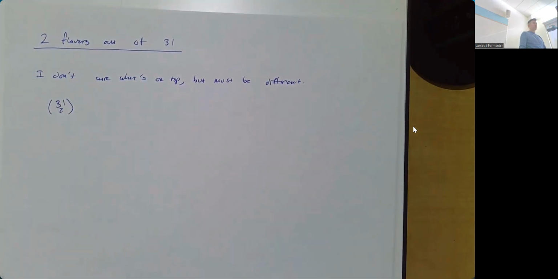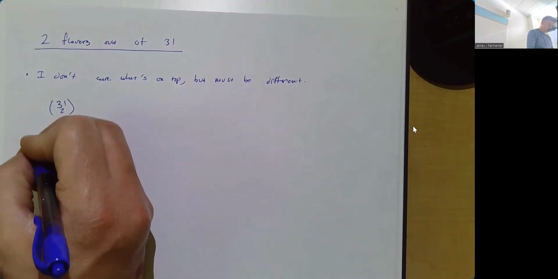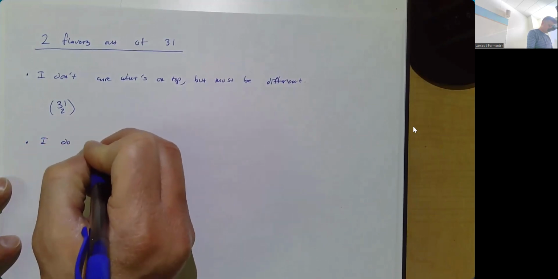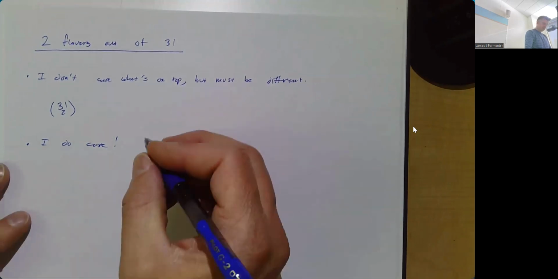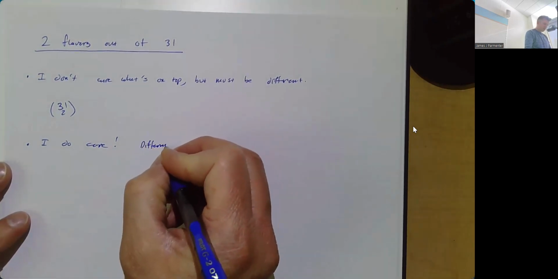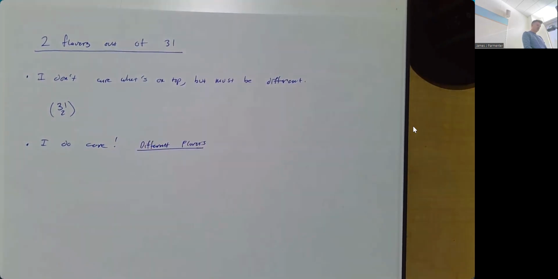What if I did care which one was on top? Now I care. I want to eat the vanilla first, not the chocolate. How many choices? But I still want different flavors. All right, now how many choices are there? Well, for me, the permutation formula is just not one I ever remember. If order starts to matter, I always start thinking about how many choices I have for the thing in this spot, because being in this spot actually matters now, since order matters.